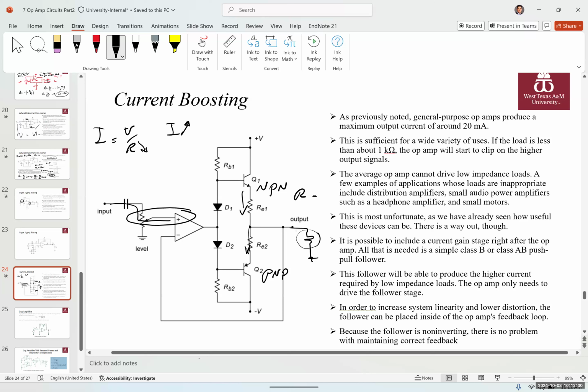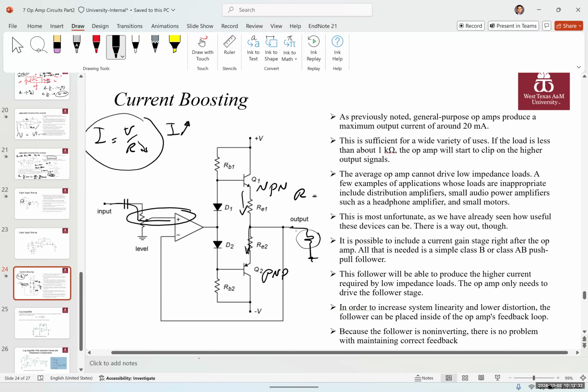So in some applications, we have low resistors. One application of a low resistor is in your headphones, like an AirPod, or any type of speaker. If you've seen inside a speaker, usually the resistances are in the range of ohms. A normal speaker is like 8 ohm, 4 ohm, 10 ohm, something like that.